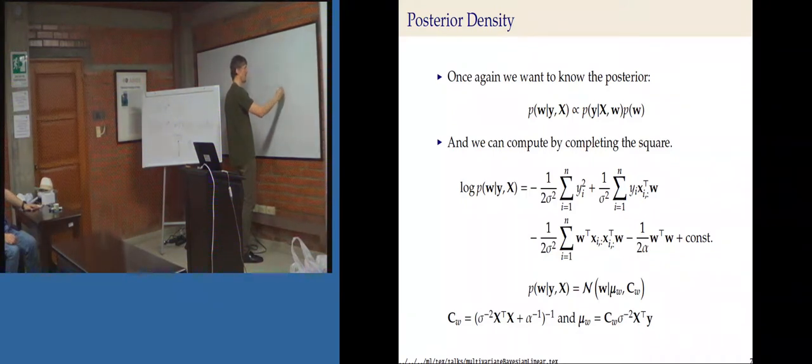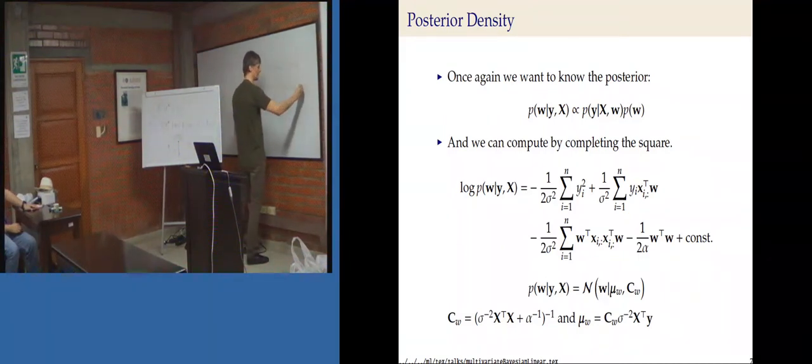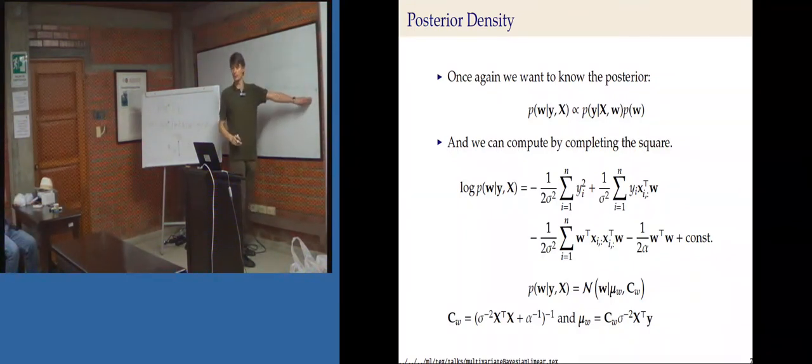So I end up with this plus mu transpose C_w inverse w. And then I get a final term, which is minus a half mu transpose C_w inverse mu. Keep that mu small. But this term is constant in w.